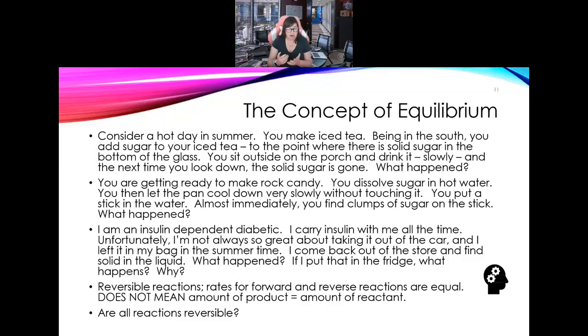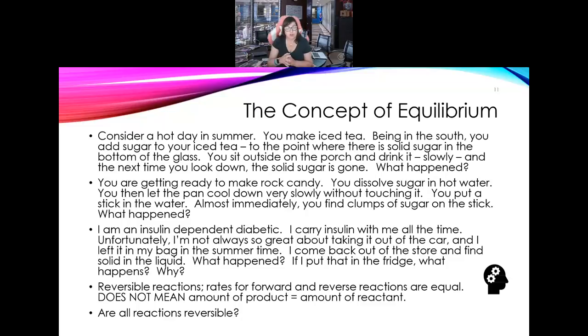Well, I had water at a very specific temperature, and I dissolved a bunch of sugar in it. Then the temperature changes. It goes from this high temperature to a lower temperature. What happens at that higher temperature is that you dissolve as much sugar as you possibly can, and that solution becomes saturated. So it has as much sugar in it as it can possibly have. As the temperature comes down, the amount of sugar that should be able to be in that solution is lower.